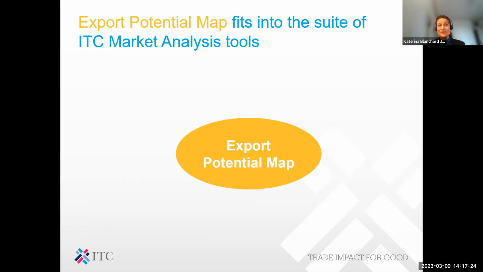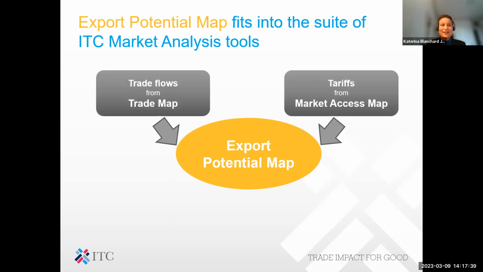So I already mentioned that the export potential map is based on a lot of data. It fits well into the suite of ITC market analysis tools. Obviously, for making our projections, we need to analyze trade flows. This data is taken from trade map. We need to have the information on tariffs. This data is taken from market access map.